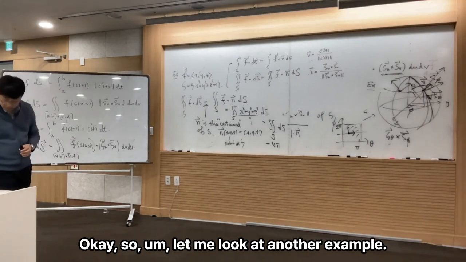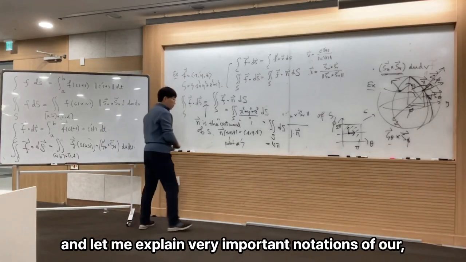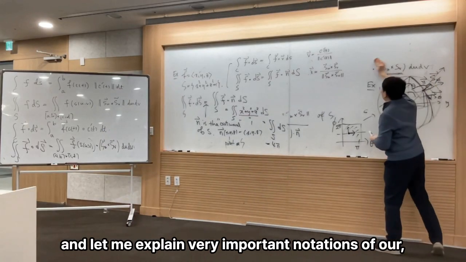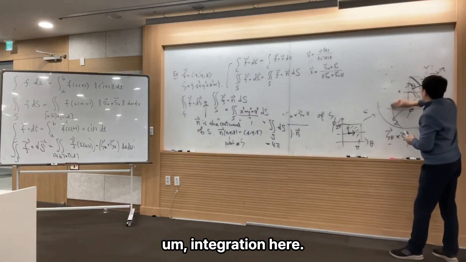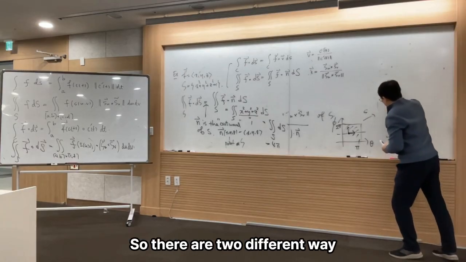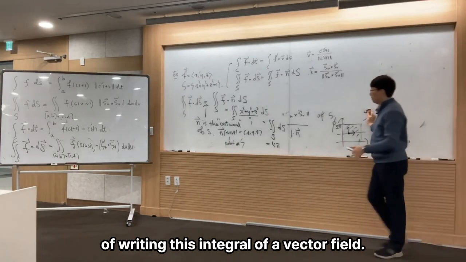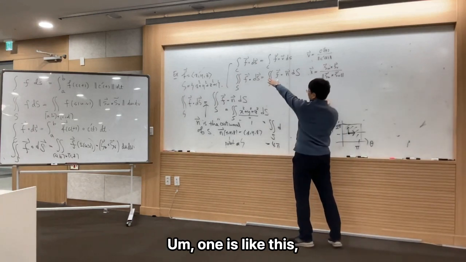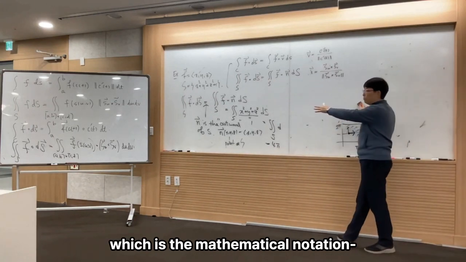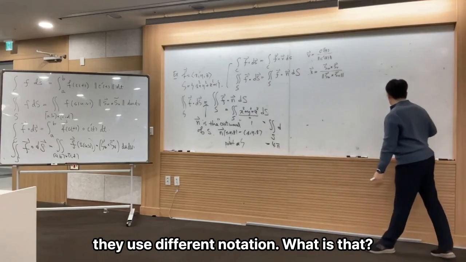Okay, so let me look at another example. Also, let me explain a very important notation of our integration here. There are two different ways of writing the integral of a vector field. One is like this, which is the mathematical notation, and in physics, they use different notation.